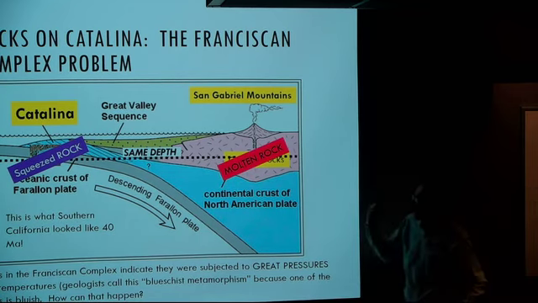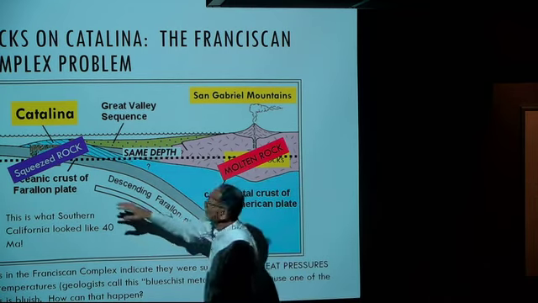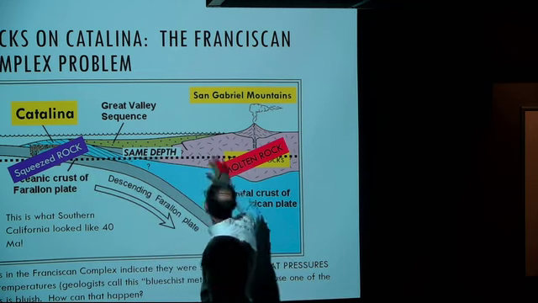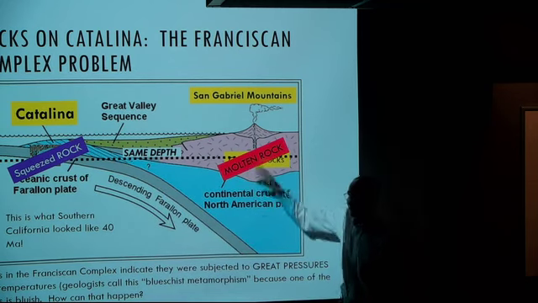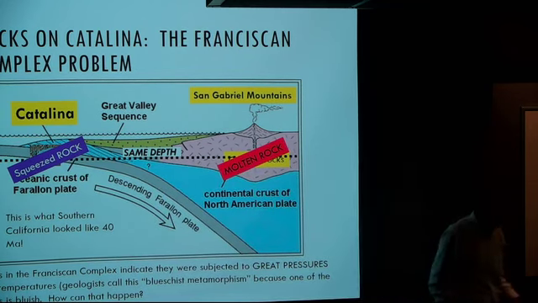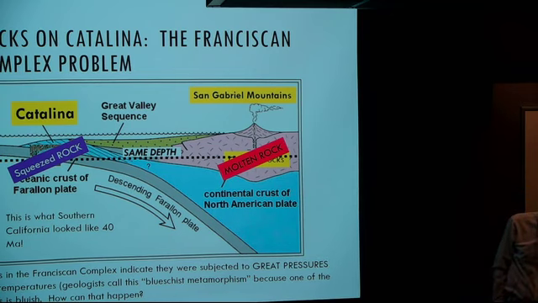So again, on Catalina today, we can see the squeezed metamorphic rock, whereas in the San Gabriel Mountains, we'd see more granitic types of rocks associated with a magmatic arc.